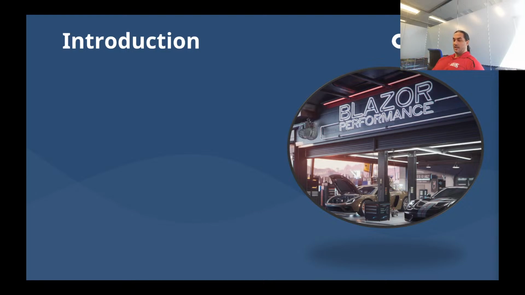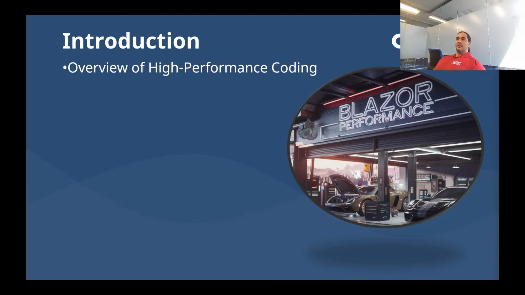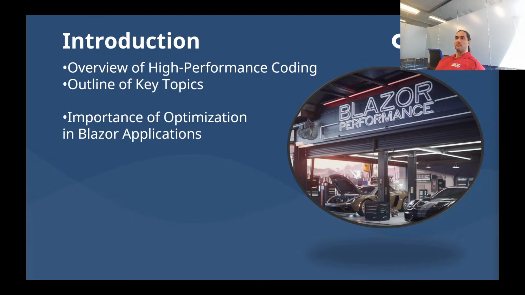For instance, all the resources that a desktop application can draw from, you're kind of limited to a certain extent if you have a web application, because you run in the sandbox of a browser, and whatever the browser has access to in terms of resources, your application will have access to those resources. So we will see an overview of these high performance coding techniques, an outline of some key topics, and some examples of how this is particularly important in optimizing Blazor applications.